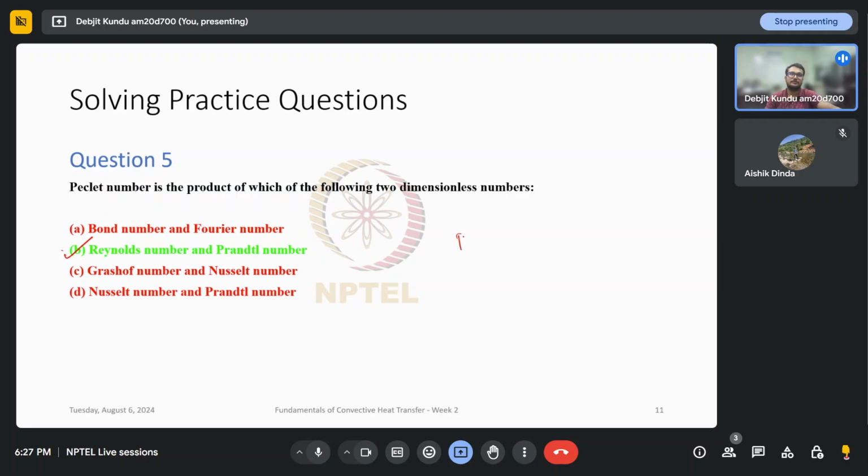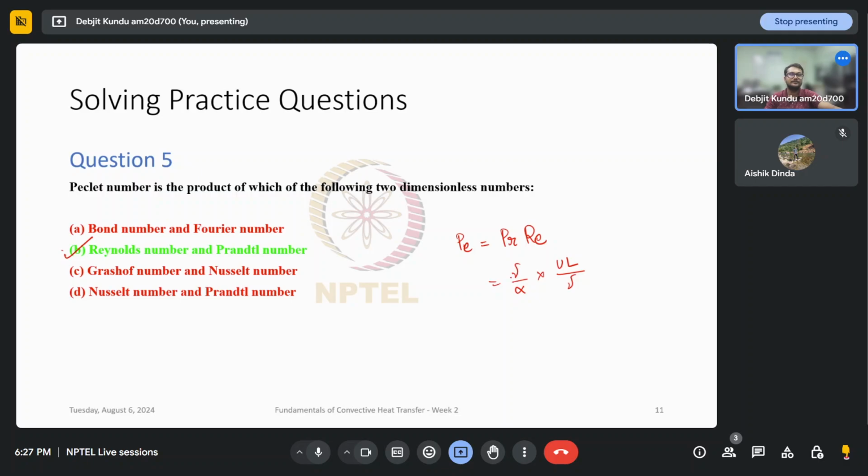So the Peclet number by definition is given as a product of Prandtl number and Reynolds number. So if we try to simplify it, Prandtl number is given by, as we saw earlier, nu by alpha, and Reynolds number is given by uL by nu, where L is the length scale.